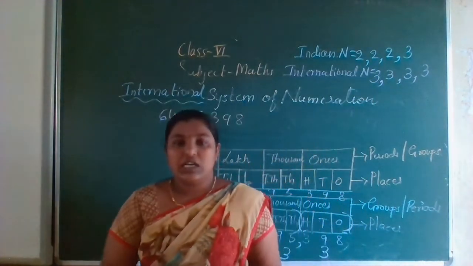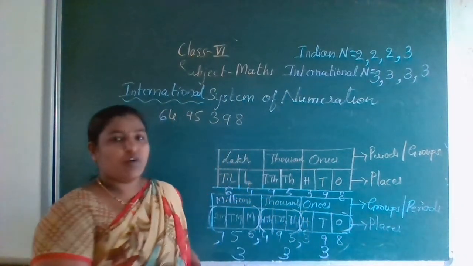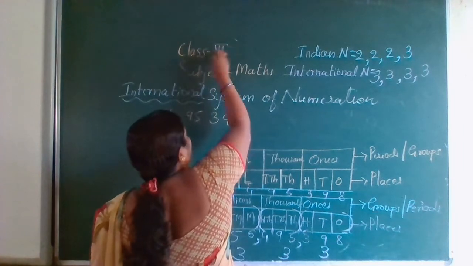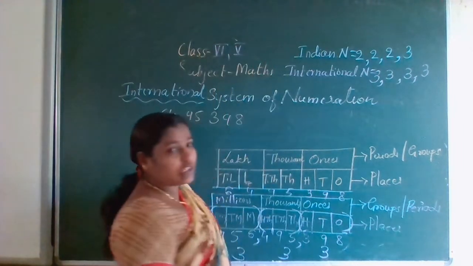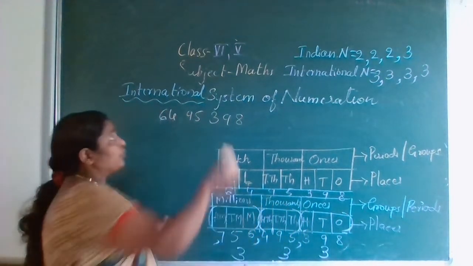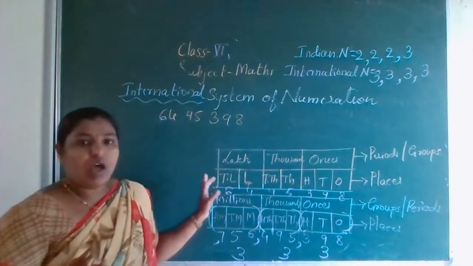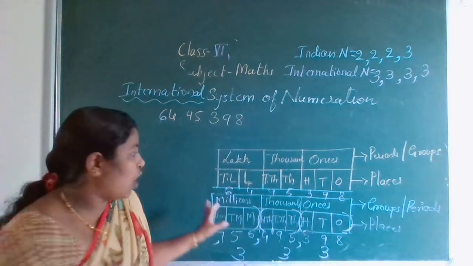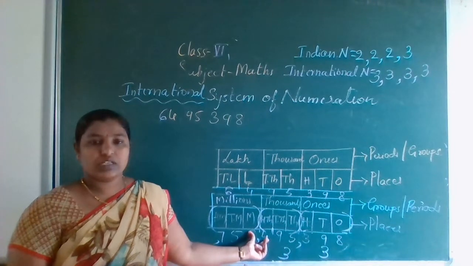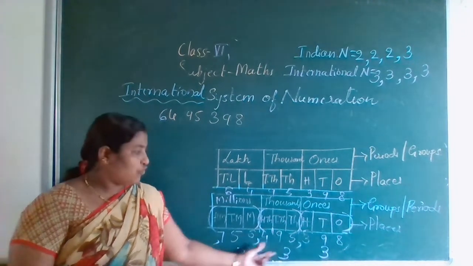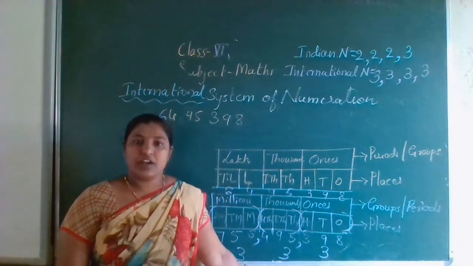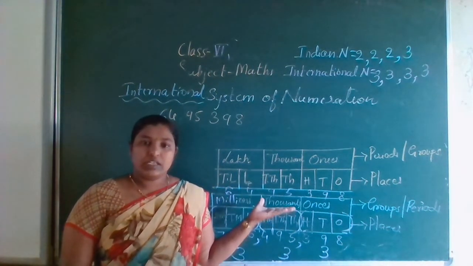So this is the international system of numeration. This is for 6th as well as 5th grade because both have this concept. Now I hope you are clear. Up to 5 digits, there is no change at all in reading numbers in the international as well as the Indian system.